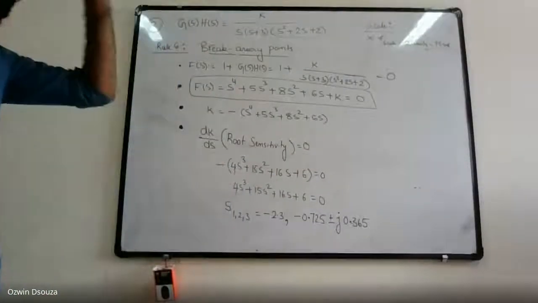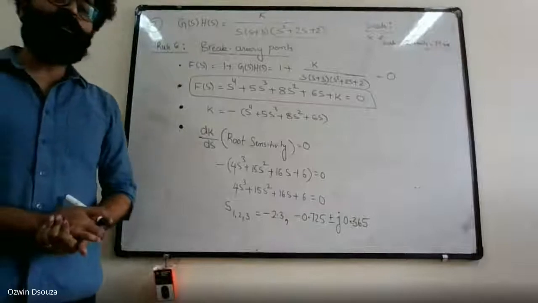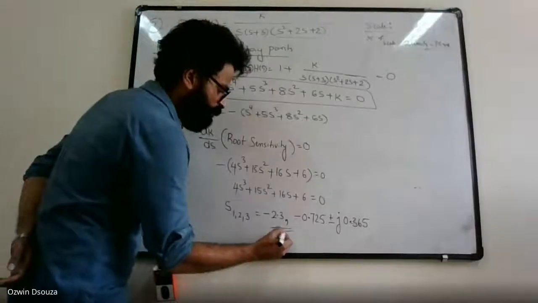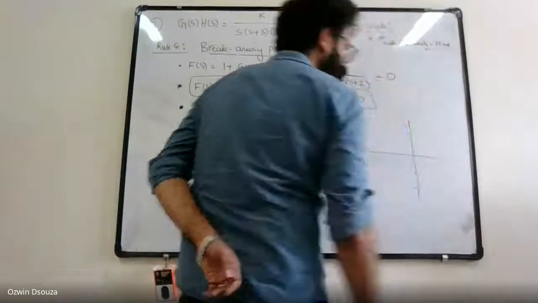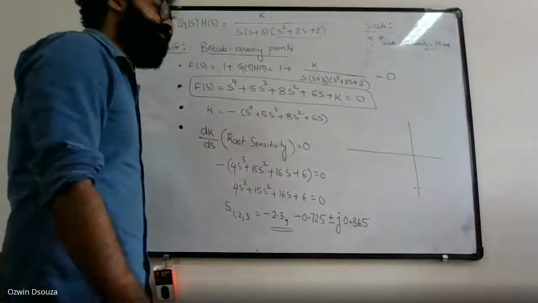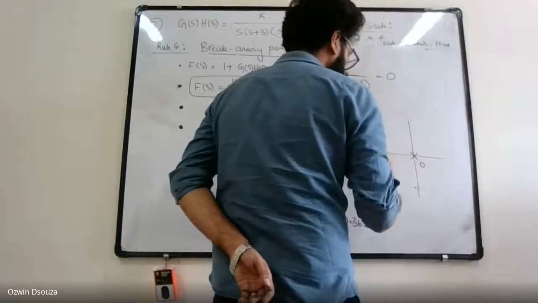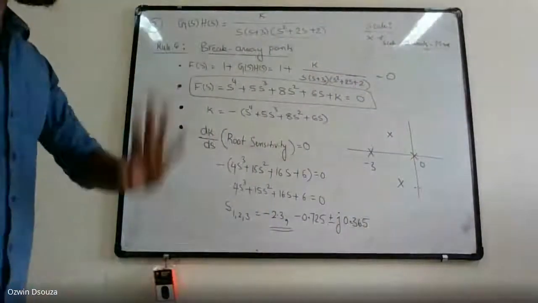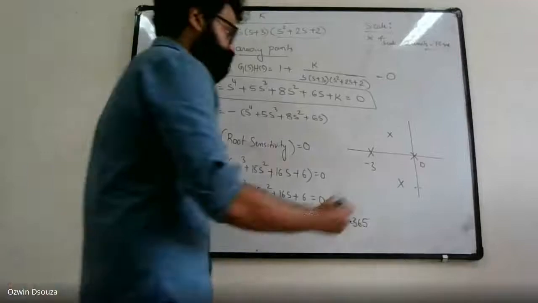Validate these roots using rule number 3. You have to check whether all these are valid breakaway points or not. Okay, can anyone quickly validate? What about this minus 2.3? Is it a valid breakaway point? Quickly, go to your rule 3, wherein you have identified the valid and invalid root locus sections: poles at 0, minus 3, plus or minus j1, and rule 3 is applicable only for real roots.